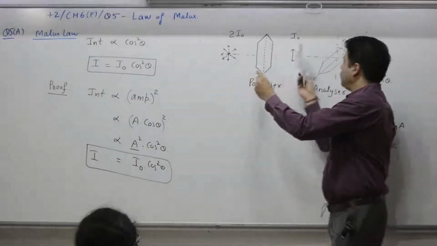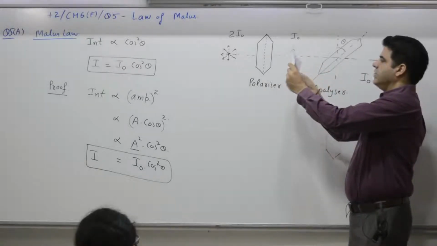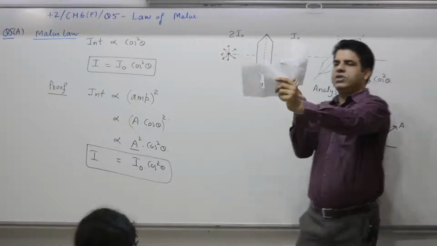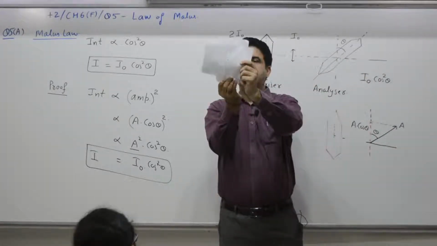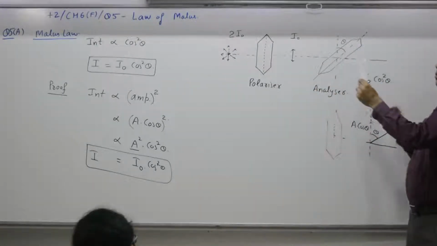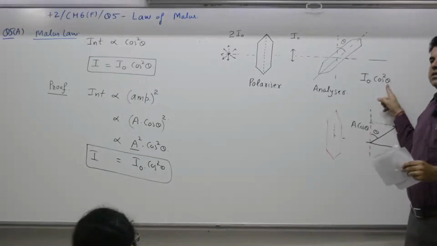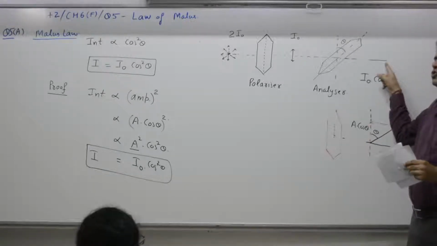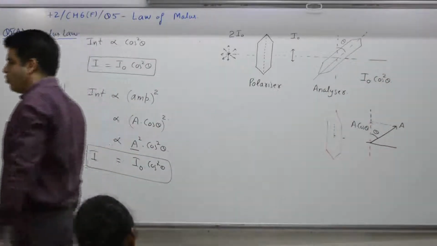Now, if you rotate the analyzer 30 degrees, 40, 50, 60, and now they are perpendicular to each other, at 90 degrees, theta is 90. Cos 90 is 0. So the intensity outcome here is 0. Time with you is 4 minutes to write.